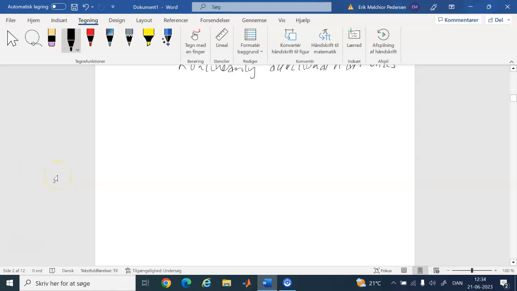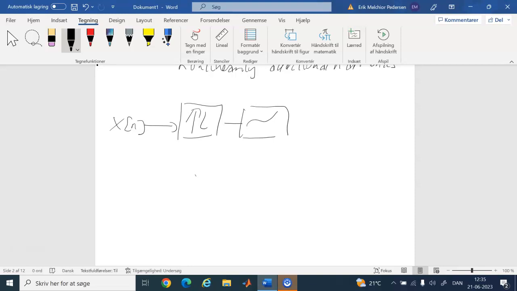And there's some oversampling. Then we have here an input xn, and we have some upsampling, and then maybe some non-linearity, and then we have some gain.